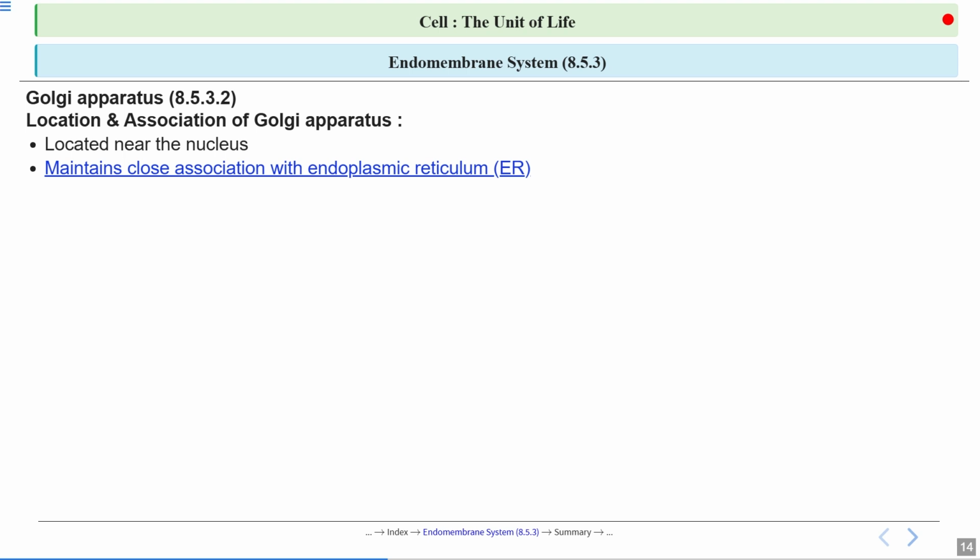That's why the Golgi apparatus maintains a close association with the endoplasmic reticulum. Golgi apparatus works in coordination with endoplasmic reticulum for protein processing. So proteins are synthesized by the rough endoplasmic reticulum. Then the Golgi apparatus helps in processing.